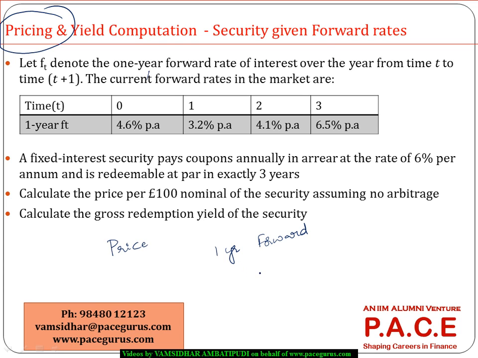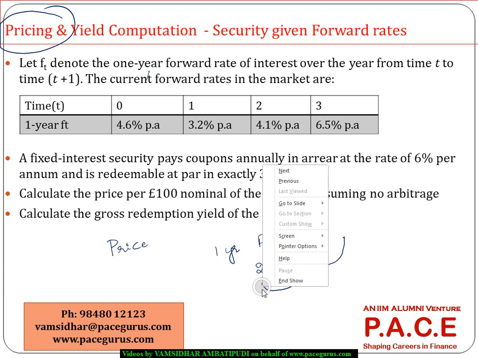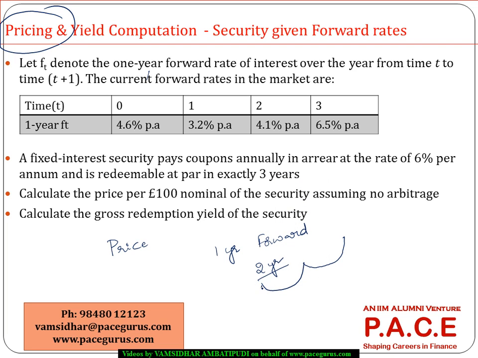We know the relationship that for a 2-year security, investing it for 1 year and then reinvesting for 1 more year, the return should be the same as investing it for 2 years at a stretch.